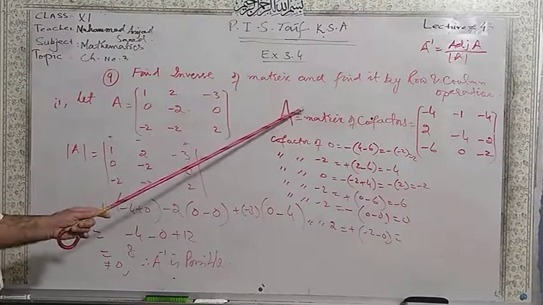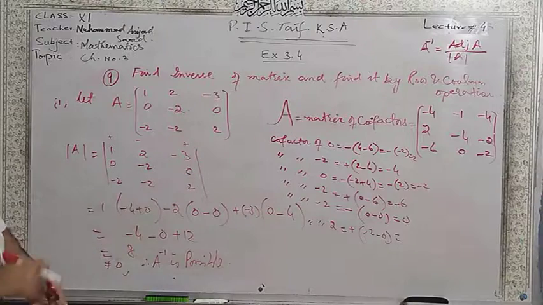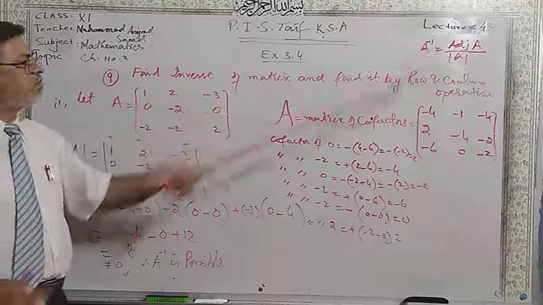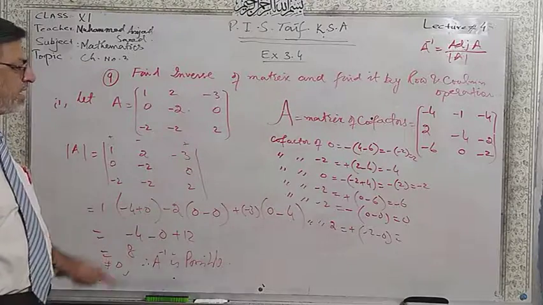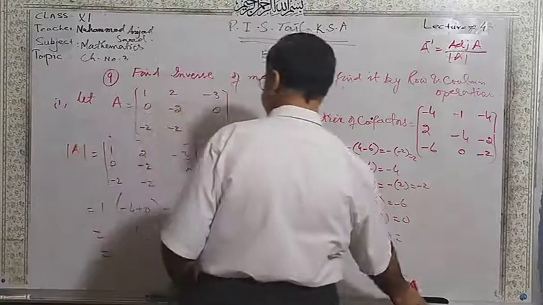That was the capital A matrix of cofactors. We have to find the adjoint A by taking the transpose of the matrix of cofactors. Remember that.